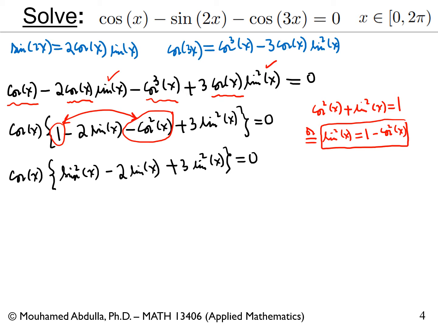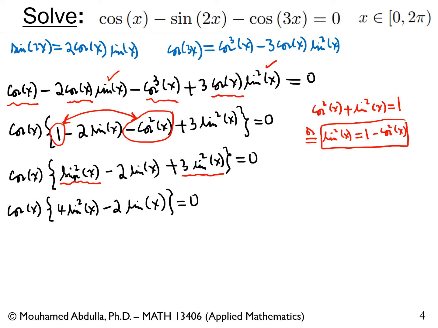Certainly I could add this sine squared of x with this 3 sine squared of x. So let's see how it's going to look. We will get cosine of x, and then we'll have 4 sine squared of x minus 2 sine of x equals 0.